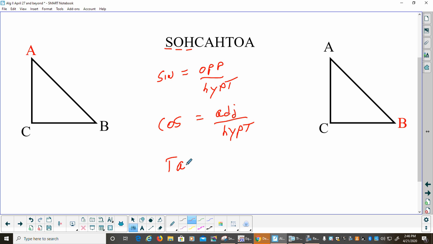And tangent is your opposite over your adjacent. Which side is which, meaning who's opposite and who's adjacent, depends on what angle you're standing on. Again, SOHCAHTOA: sine is opposite over hypotenuse, cosine is adjacent over hypotenuse, tangent is opposite over adjacent.